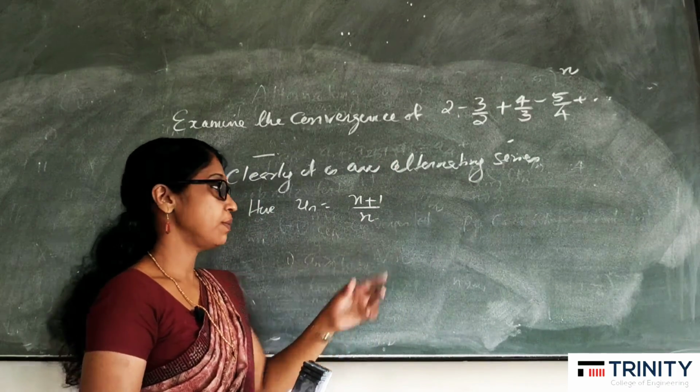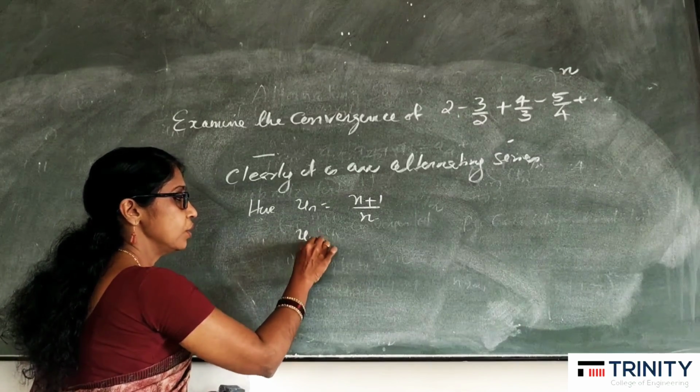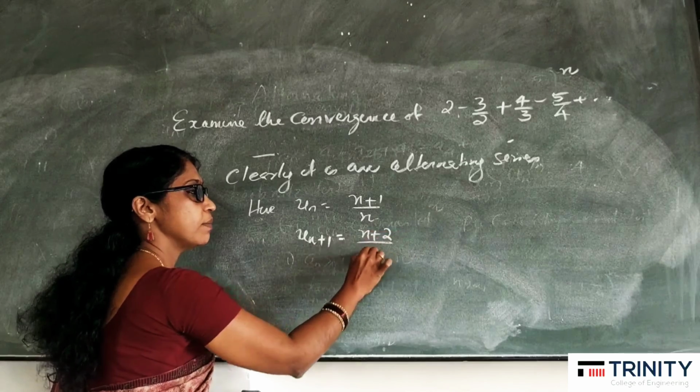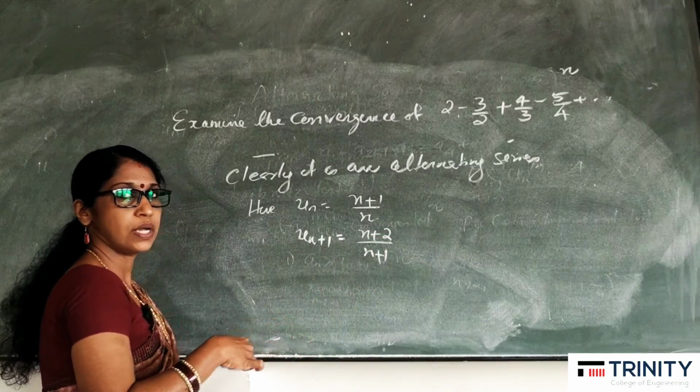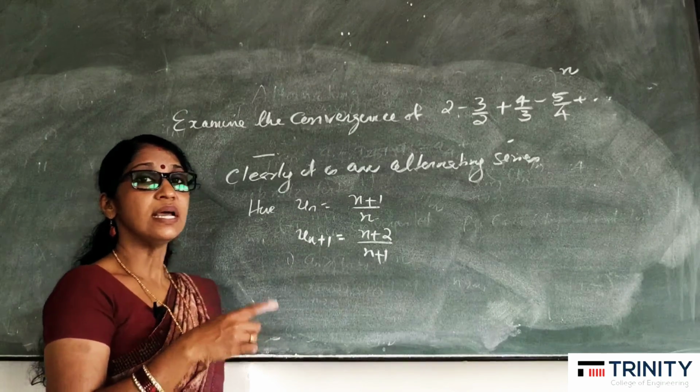So (n+1)/n is the u_n here. Now u_(n+1) is equal to (n+2)/(n+1). Now we have to show that u_n is greater than u_(n+1). That is the first condition in the Leibniz test.